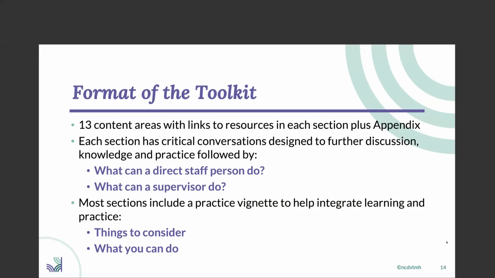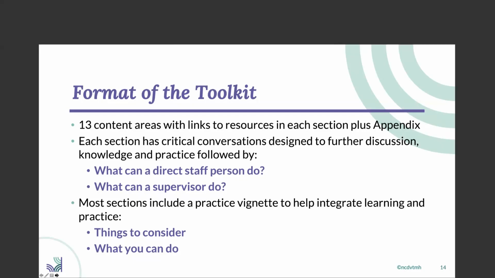And then in almost all of the sections, we have a practice vignette to help integrate learning and practice. Jeanette and I ended up putting these in after we worked with the implementation sites that we both have referenced, because we found that it can be really helpful.